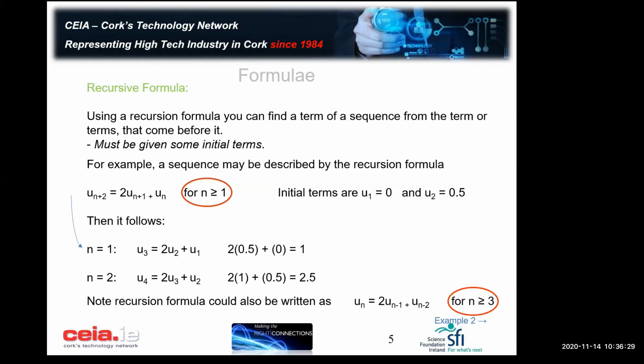If n had a value of 2, then you'd have 2 minus 2, so you'd have u of 0 again, which you can't have. So that's why those provisos are in there, that n has to be greater than or equal to a certain number. It's only to ensure that your terms begin at u1, u2, u3.